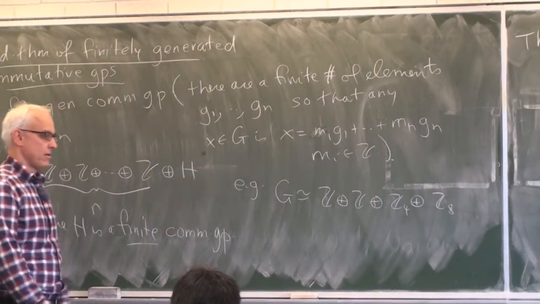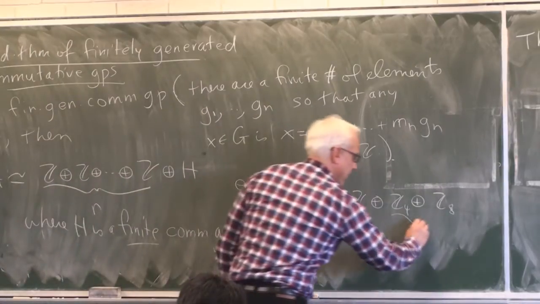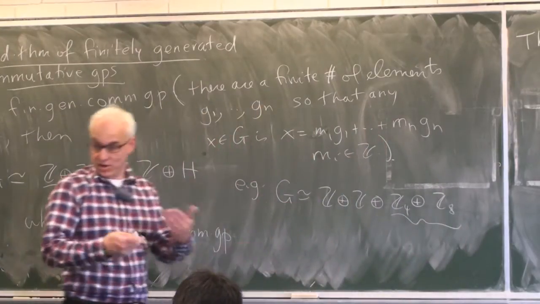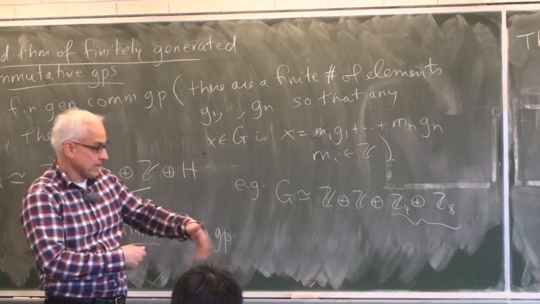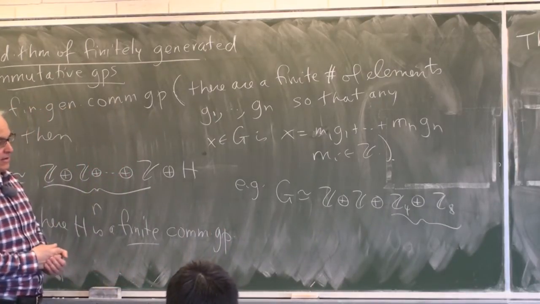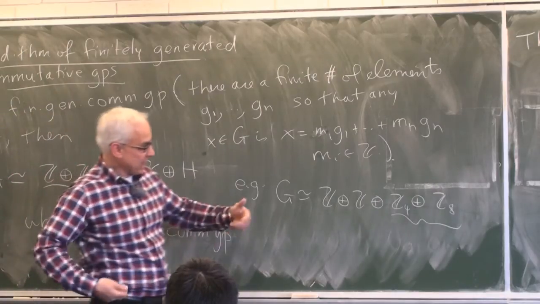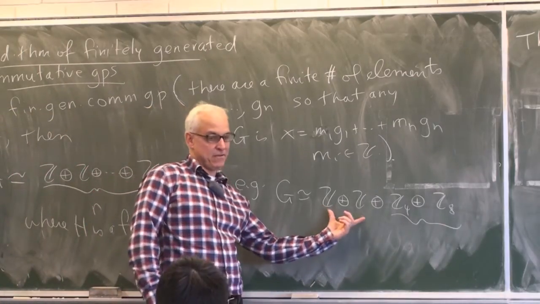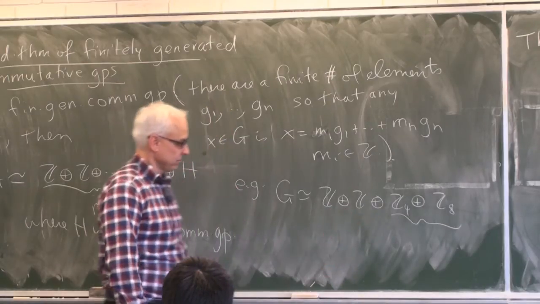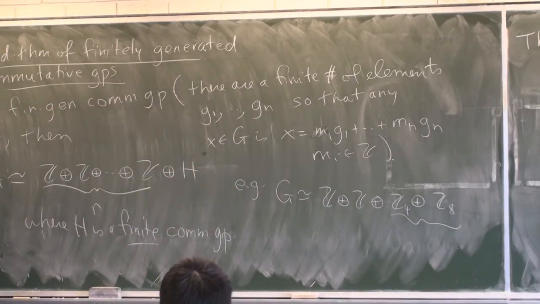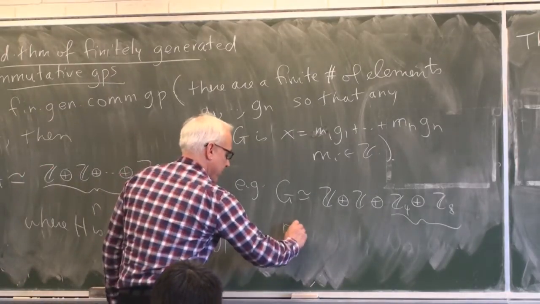From the fundamental theorem of finite commutative groups, we know that such a thing can be written as a sum of cyclic groups. And so we're extending that to also having these infinite cyclic factors. So the rank here would be 2.